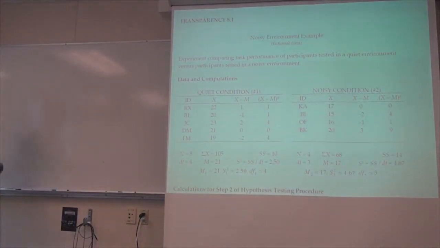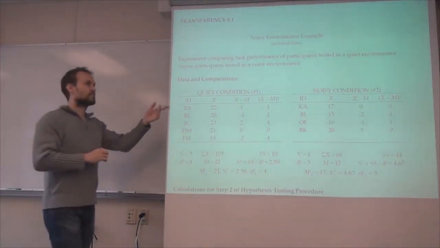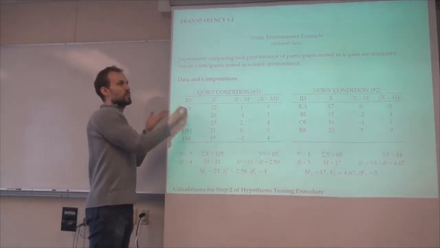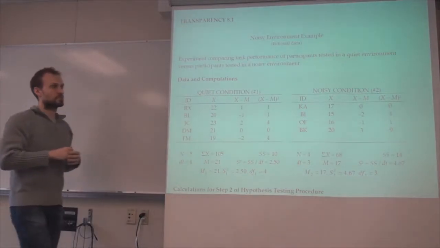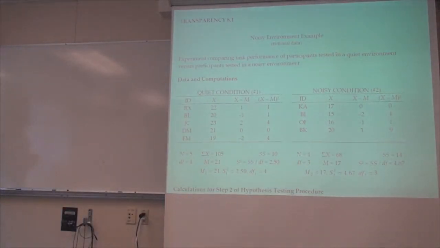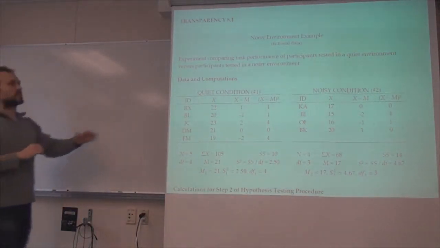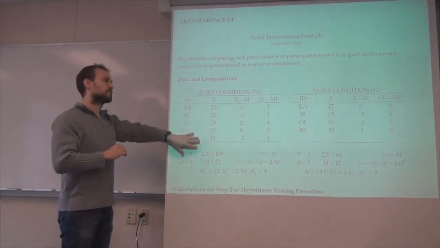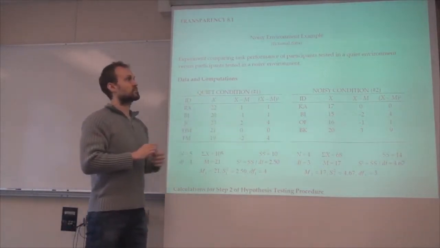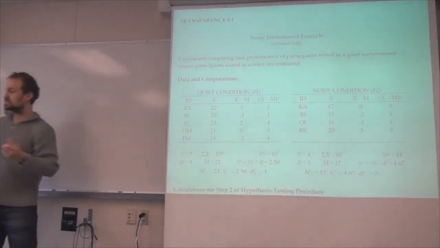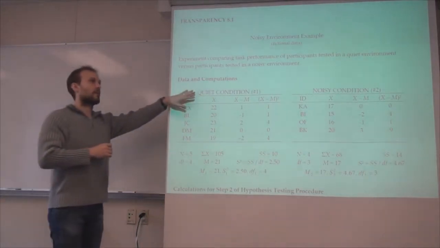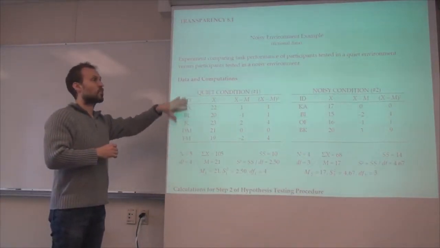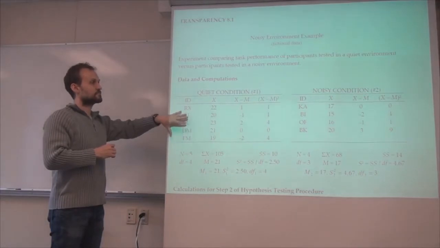I can't take differences because I don't have the same people. Who do I pair up? It doesn't make sense to pair people up. I don't even have the same number of people. So I'm simply trying to look at the average of the first group and the average of the second group as representative of those populations of all people in the quiet condition.